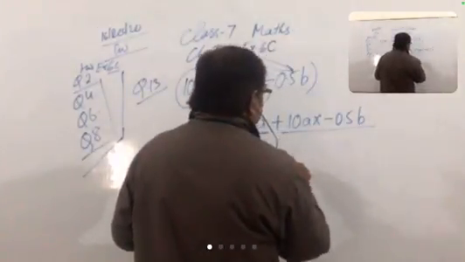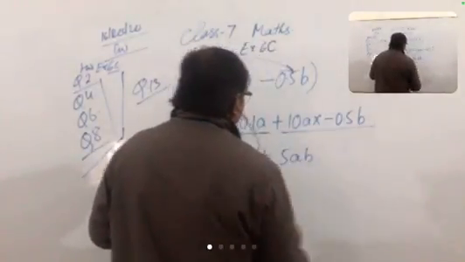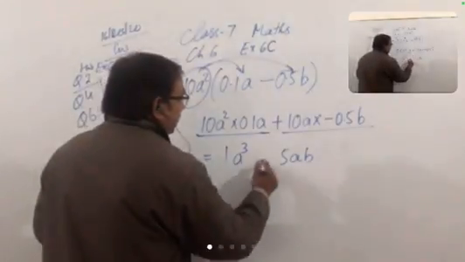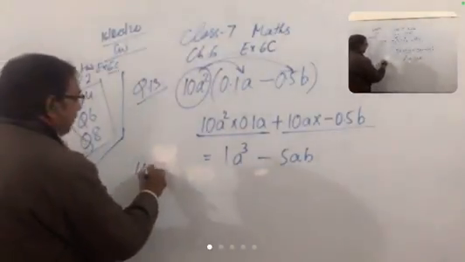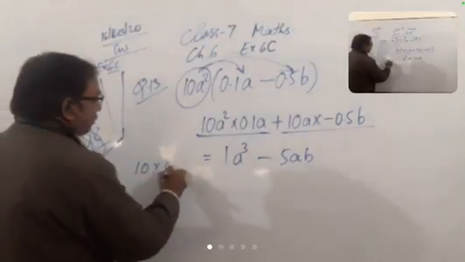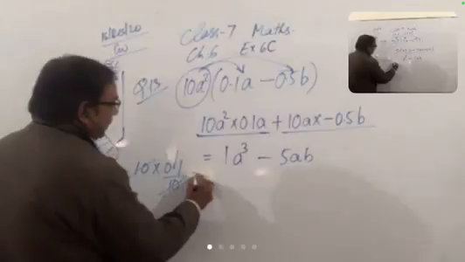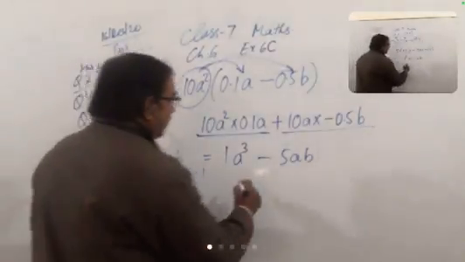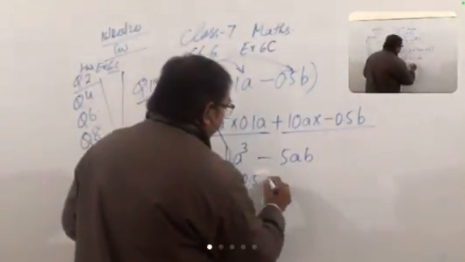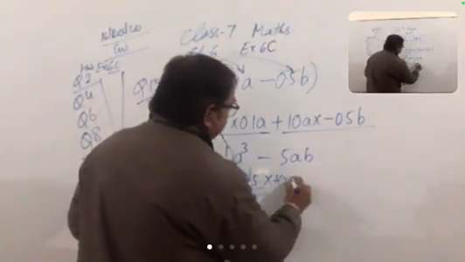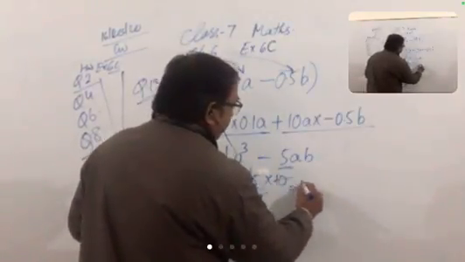Because plus minus is minus. When we multiply 10 into 0.1, you remove the decimal here and it is 1. And if we multiply 0.5 into 10, then it will be 5 here now.